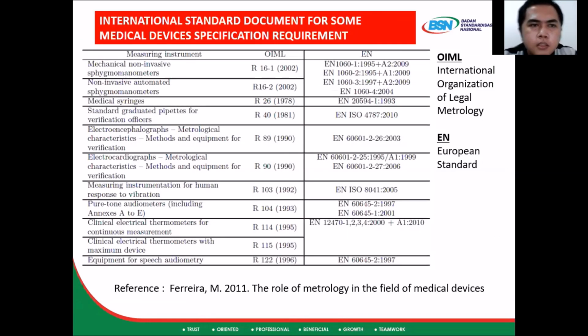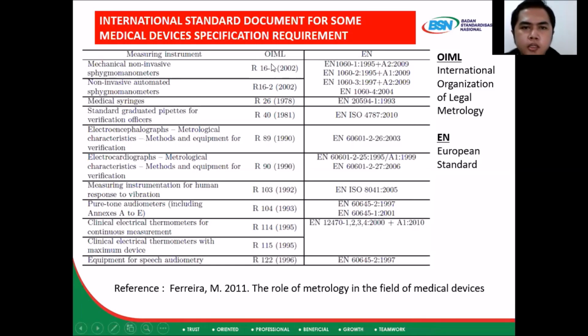And this is the ISO and the IOML, the international standard documents for some medical devices specification requirements, published by IOML. This is for example for medical devices like sphygmomanometer, medical syringe, pipette, ECG.